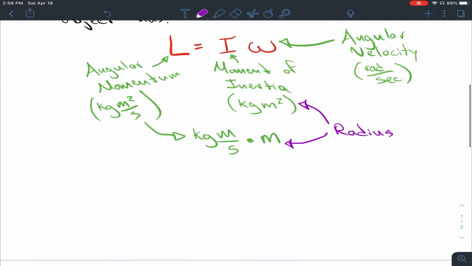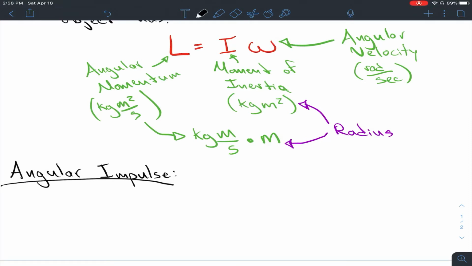Angular impulse is very similar to linear impulse, except for, you guessed it, we have some new units. A definition for angular impulse is just a change in angular momentum.